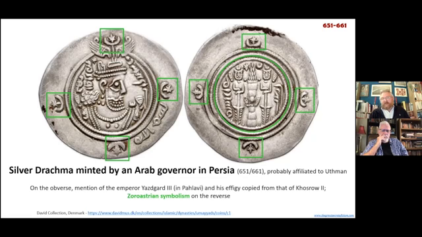This coin cannot be an Islamic coin, but it has been minted by an Arab governor in Persia, of whom we can find the name in the Islamic tradition also. And he was supposed to be a Muslim according to the standard Islamic narrative. So here we have hard evidence that Islam did not exist in the 7th century in Persia, as the standard Islamic narrative tells us.